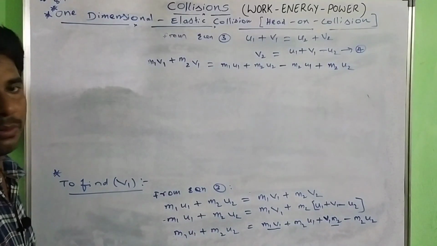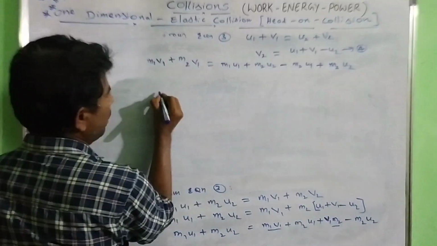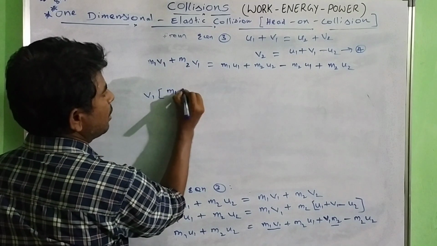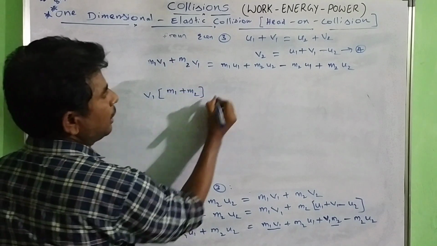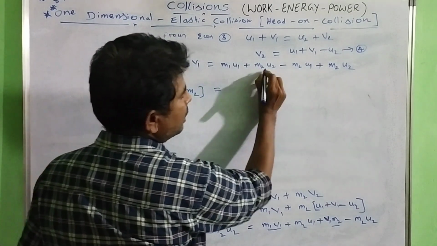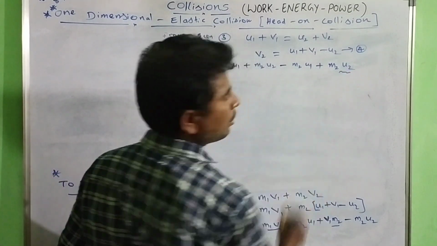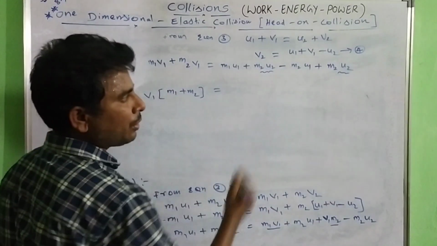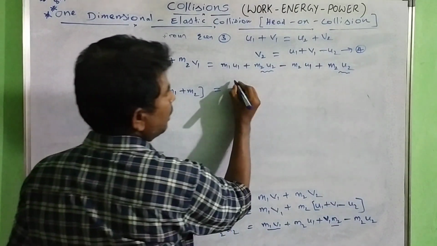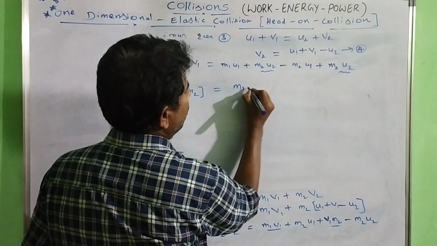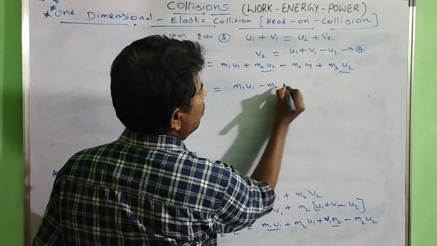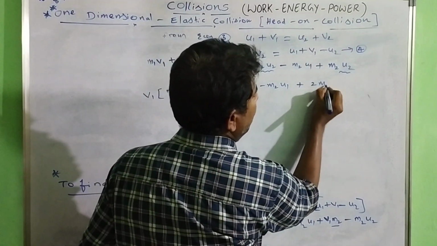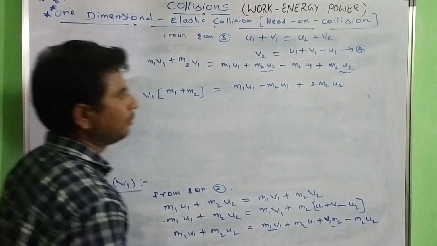Taking v1 common, v1 into m1 plus m2 equals m1 u1 minus m2 u1 plus 2 m2 u2.